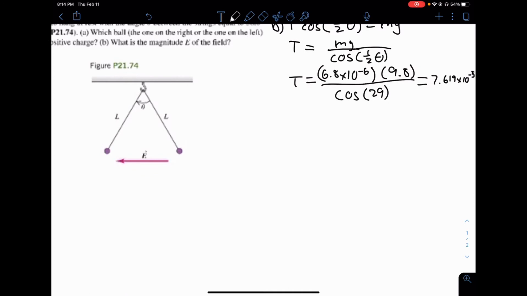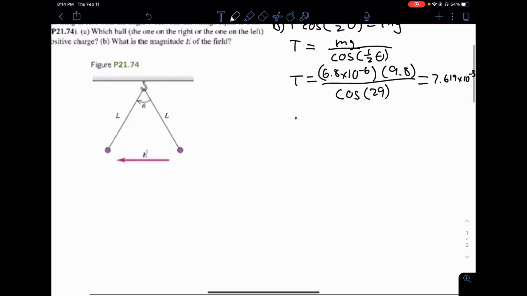Now to get the other part of our force, we want to use this equation here, which is our regular force equation of Q1 Q2. In this case, it would be the same charge, so it would just be Q squared over r squared, which for this purpose would be represented as 2 times the distance squared.